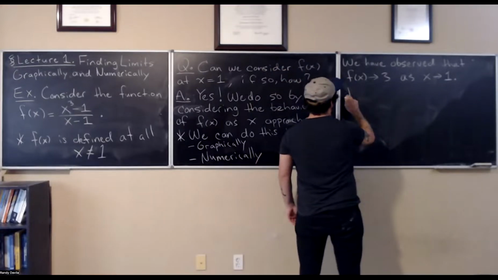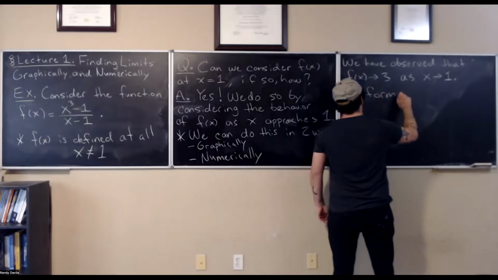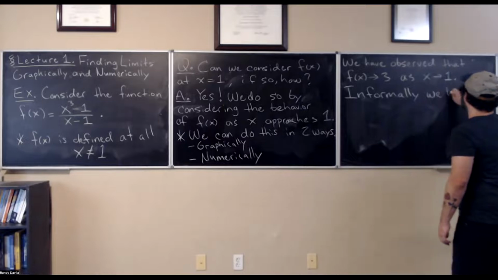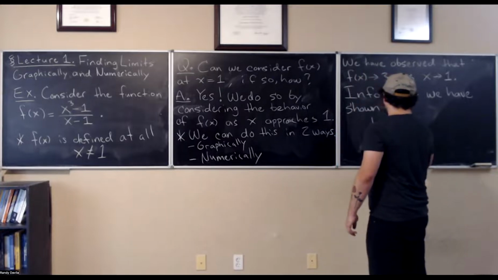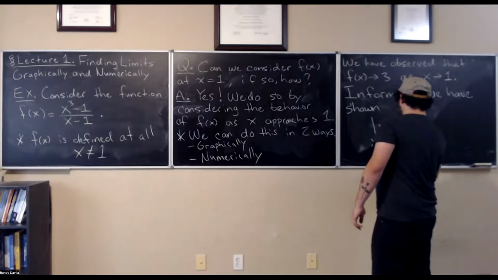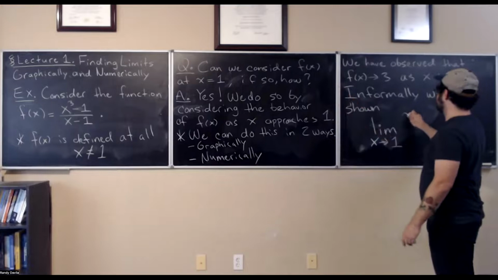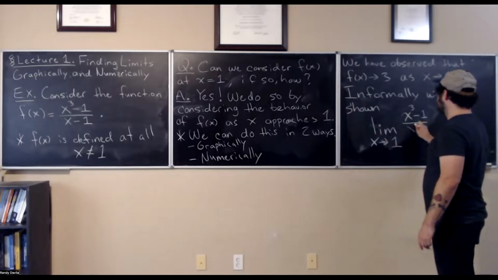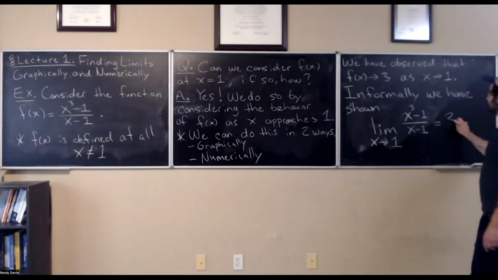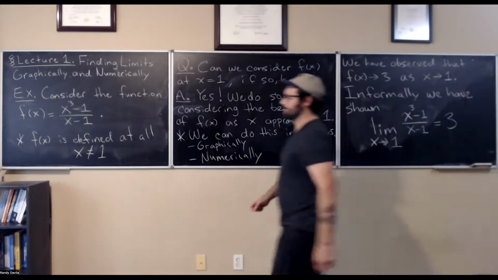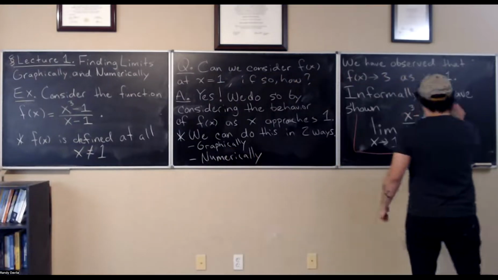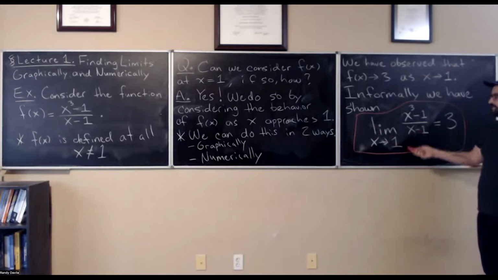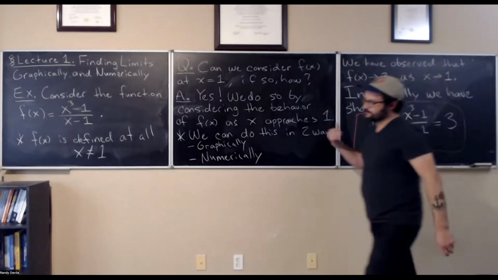So informally, we've shown that the limit as x approaches 1 of this function, as it reads, the limit as x approaches 1 of x cubed minus 1 divided by x minus 1, is 3. That's where the function is going.